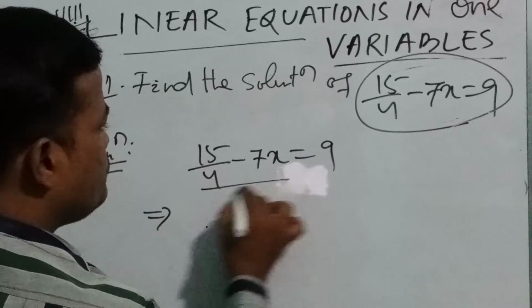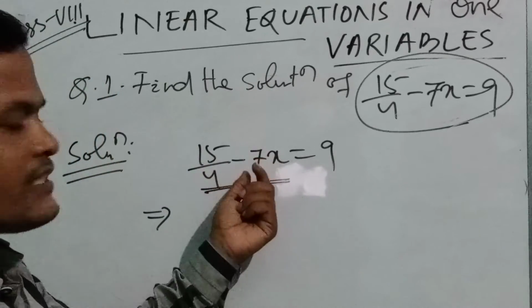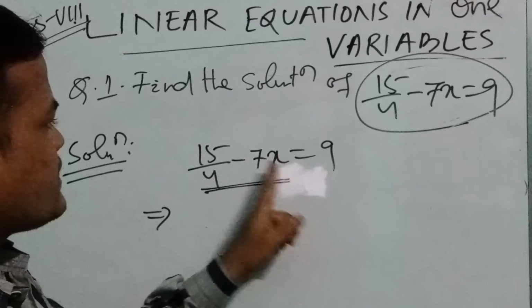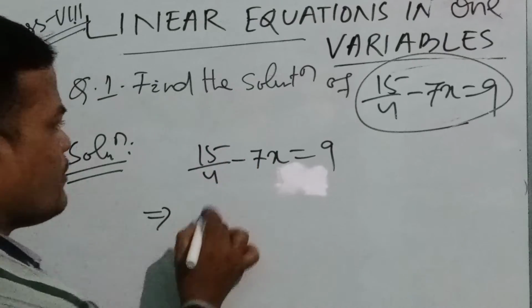We have to take the operation here, subtraction is given. So 7x will be subtracted from this. How? Let us take the LCM.